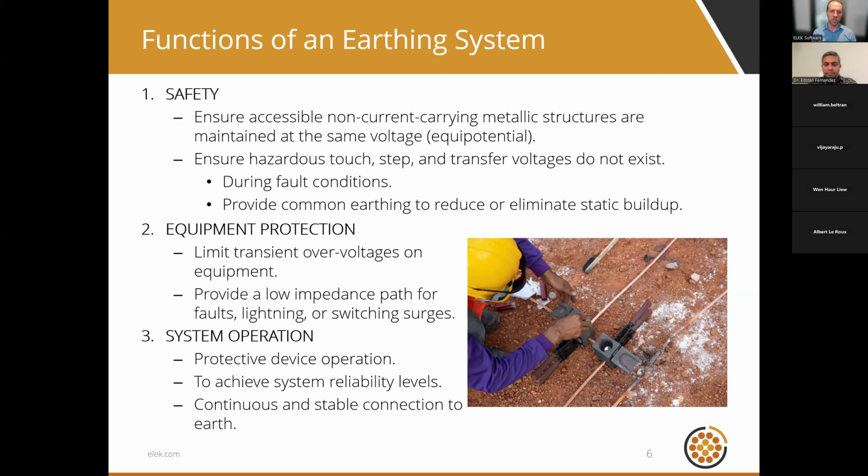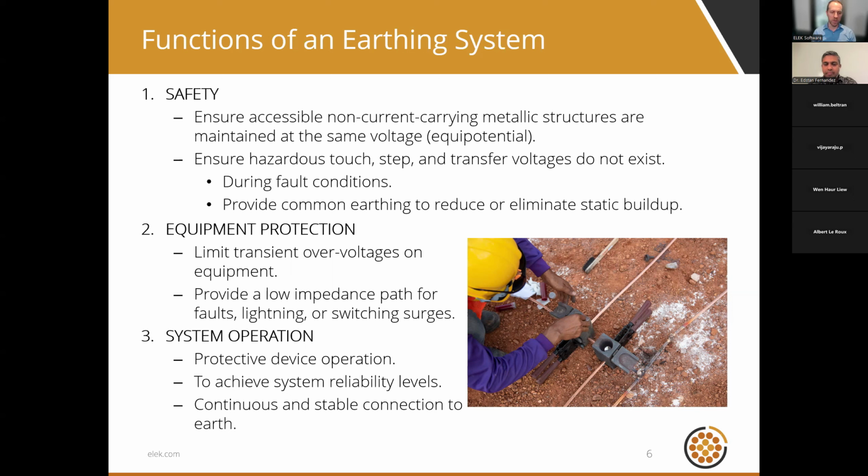Also, during fault conditions, any resultant touch, step or transfer voltages that exist don't cause personal harm to personnel or the public.